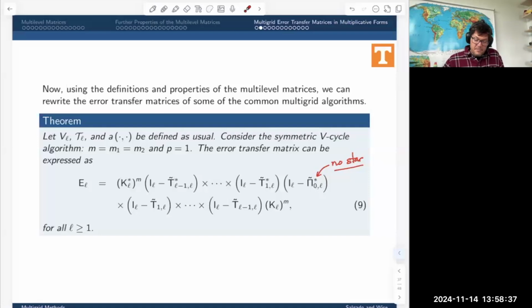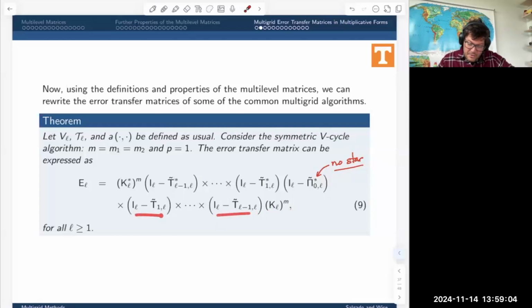Okay, so the way we look at this is as follows. If we have a symmetric V cycle, the error for the symmetric V cycle is a bunch of errors that multiply by each other. The first error that I encounter is the error in my pre-smoothing step at the finest level. Then I have some errors, each a combination of a coarse grid projection and smoothing error, and they stack on each other.